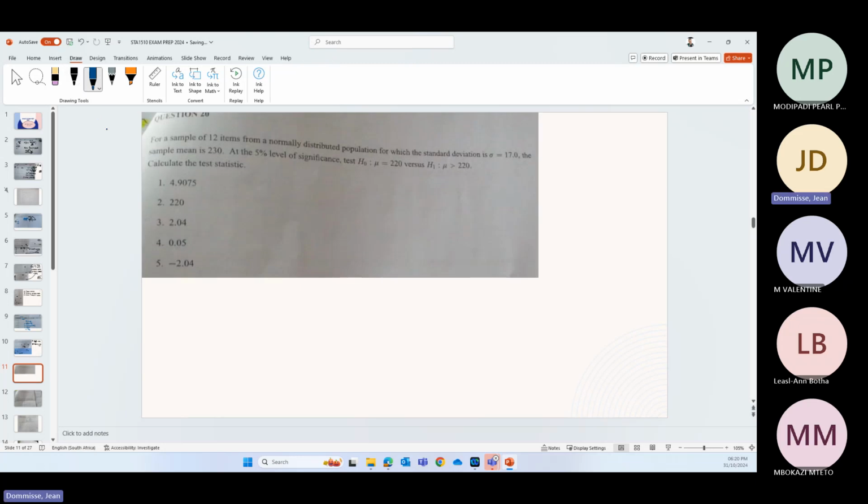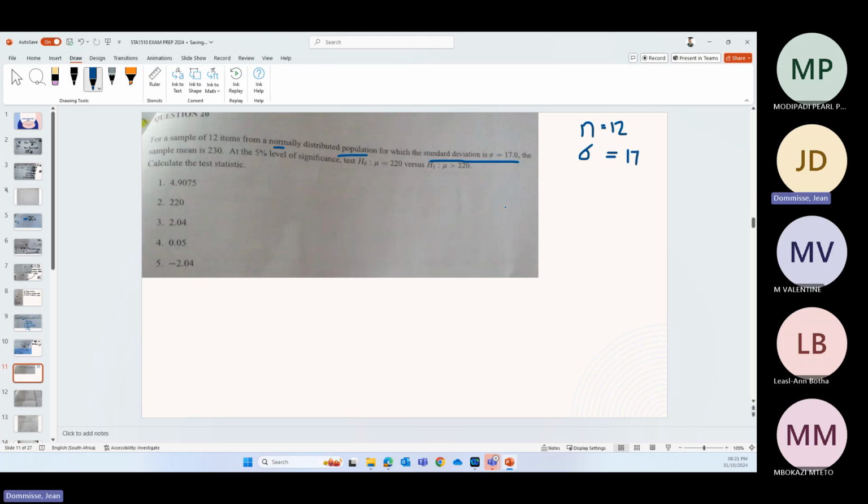Okay, so question 20. For a sample of 12 items, so we've got n is equal to 12, from a normal distributed population for which the standard deviation is known.